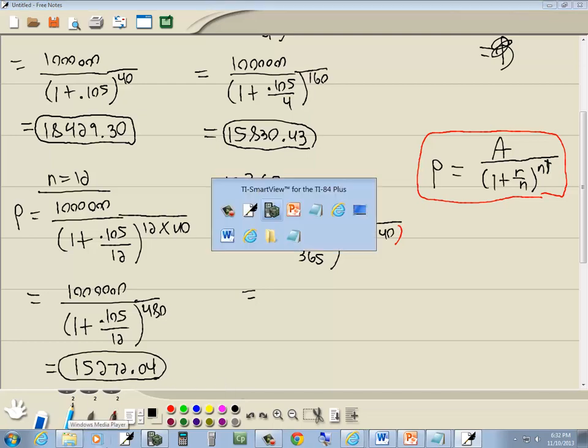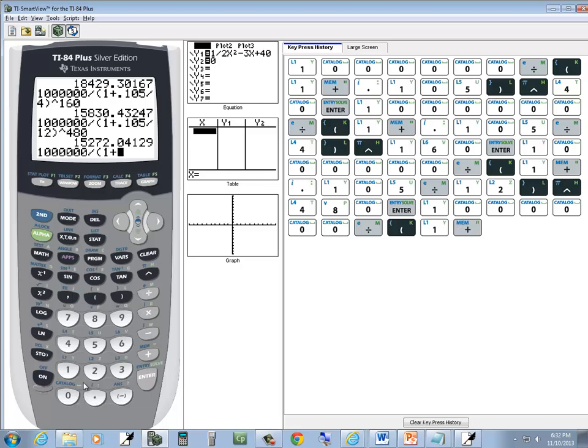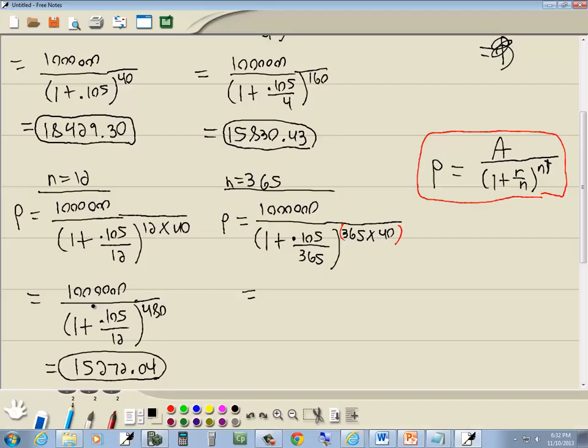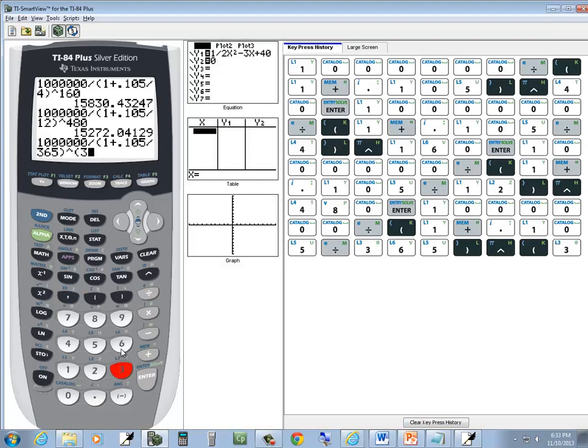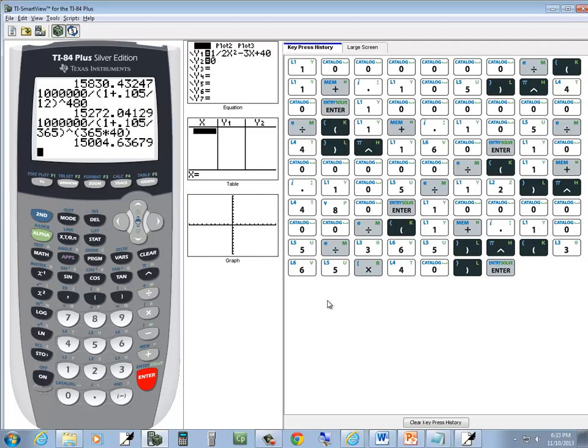So 1 million divided by, beginning parentheses, 1 plus 0.105 divided by 365, close parentheses, caret, beginning parentheses on the exponent, 365 times 40, closing parentheses, enter. And that gives us $15,004.64.